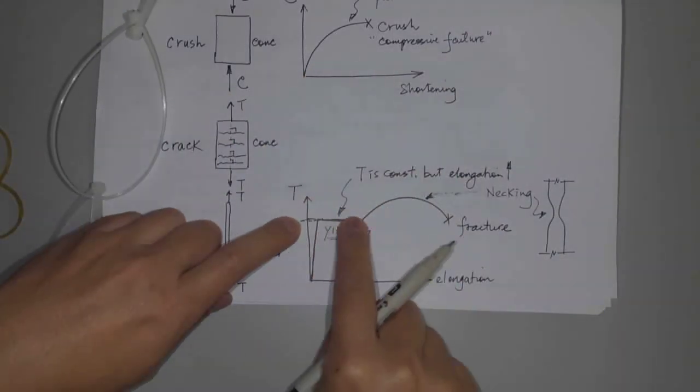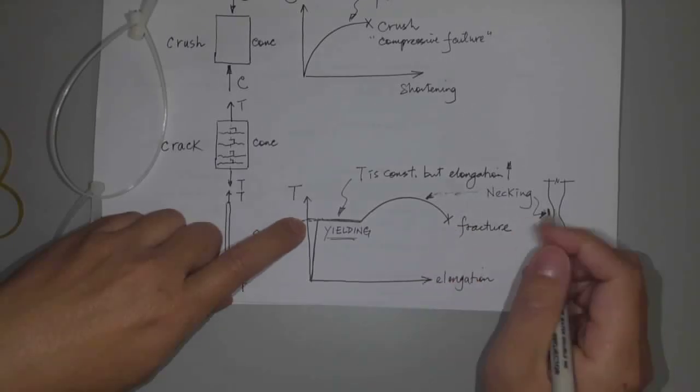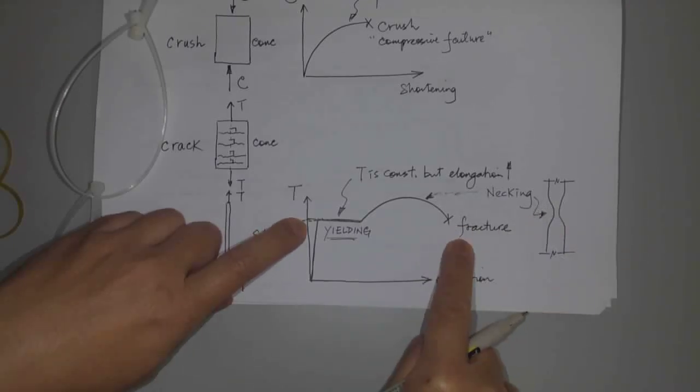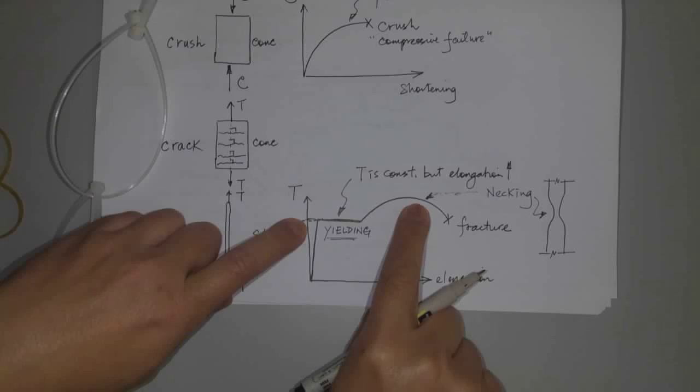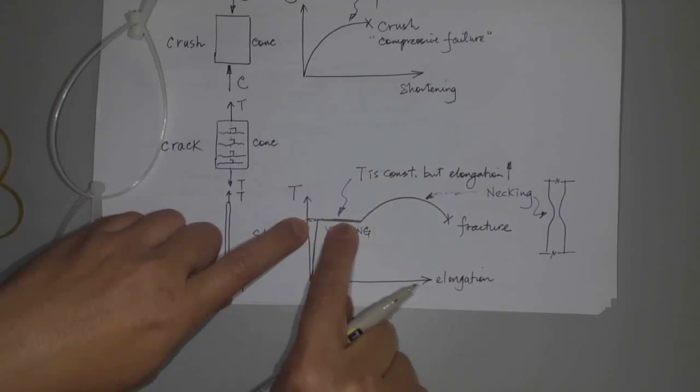But in steel, it's a little bit different. We don't define this point as tensile failure, not this point. What about necking? We don't define this point as tension failure. We define this unit.